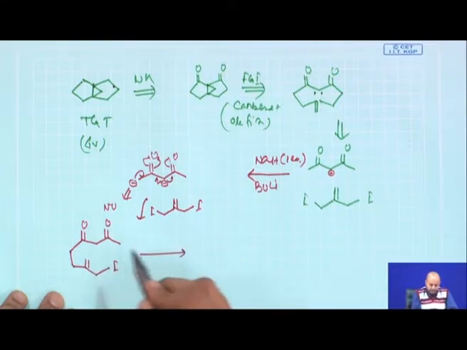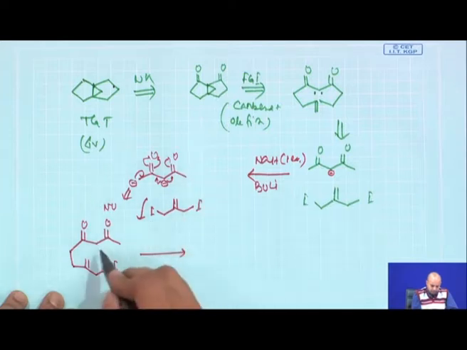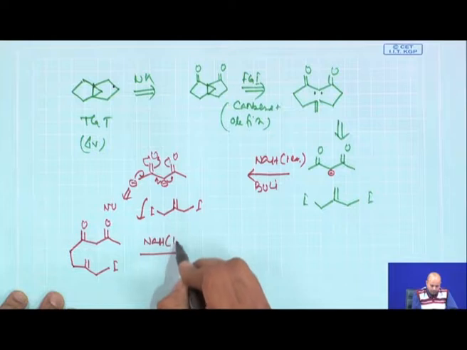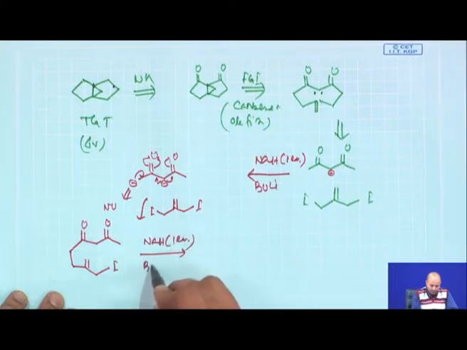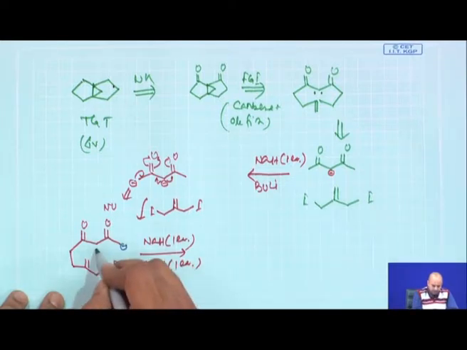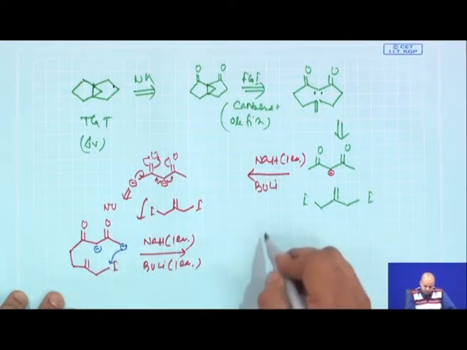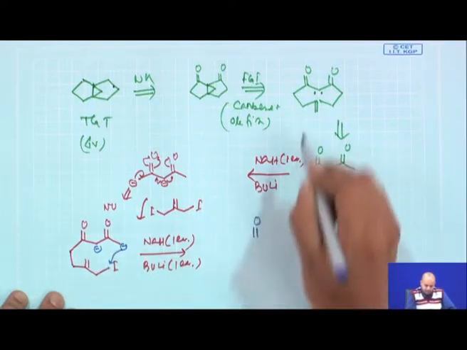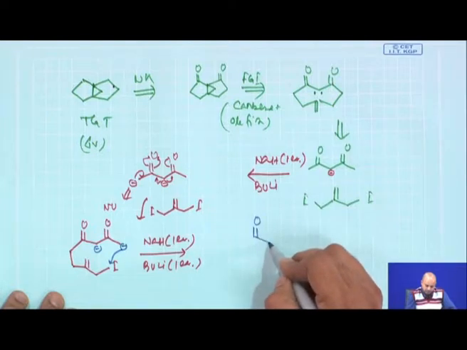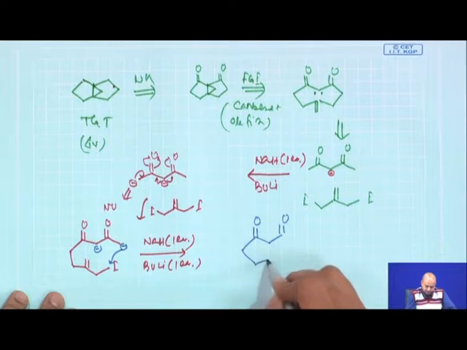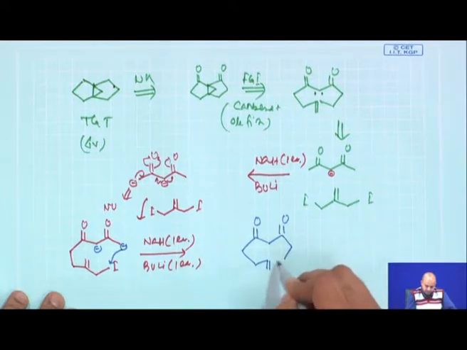You do the same sequence, again sodium hydride, one equivalent, and butyl lithium, one equivalent. You basically have this dianion, one here, one here, then you close this ring. So, basically you can now get a compound which has this structure.